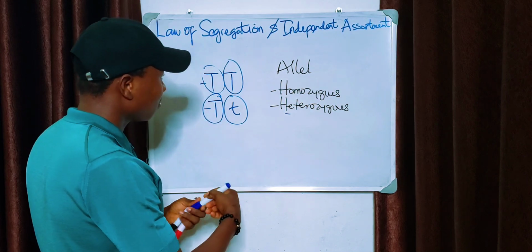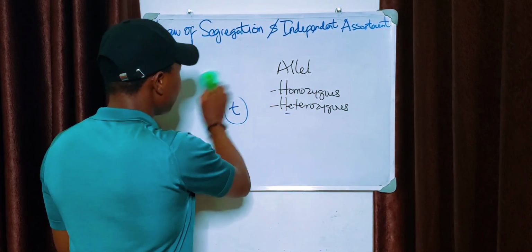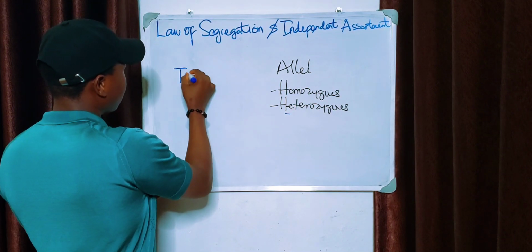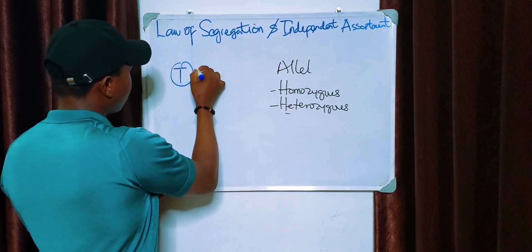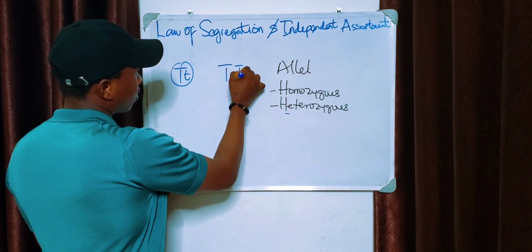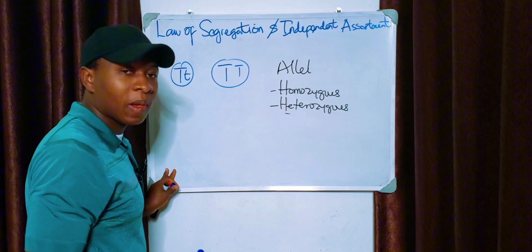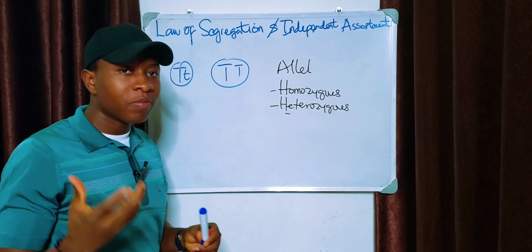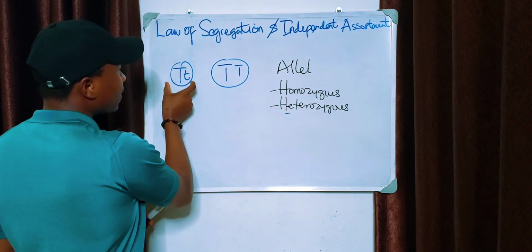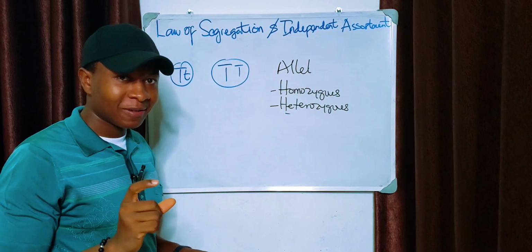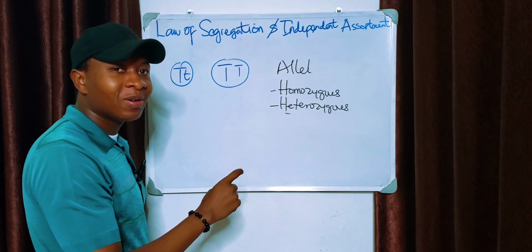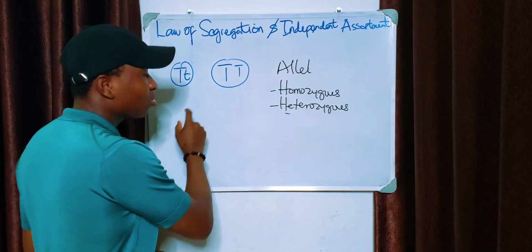So let's assume this is the man and this is the woman. Now during gamete formation, the man will produce the sperm, right? Now, for this trait of height, one of the alleles will have to go into the sperm.